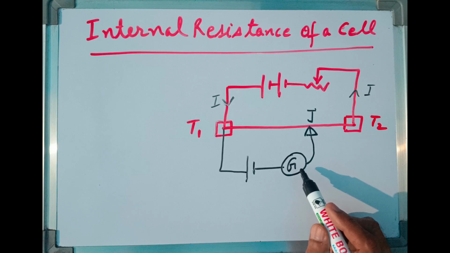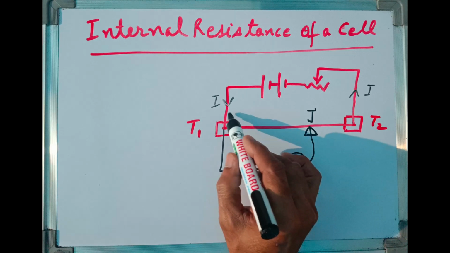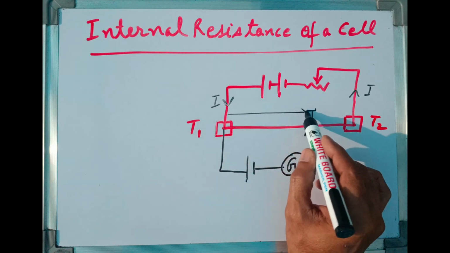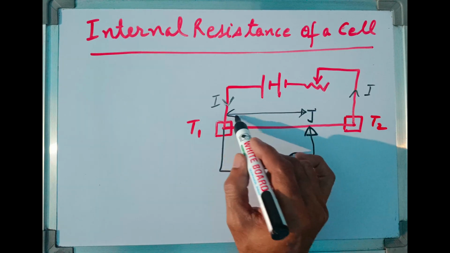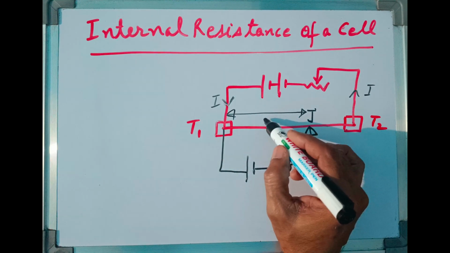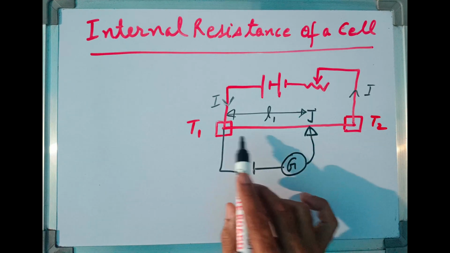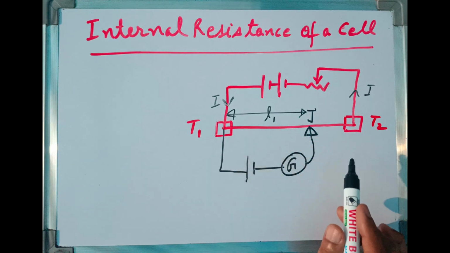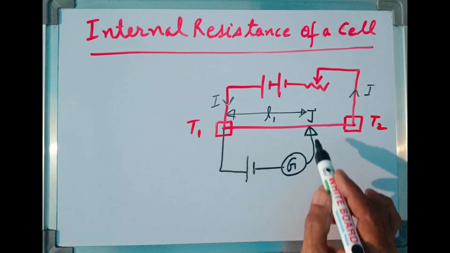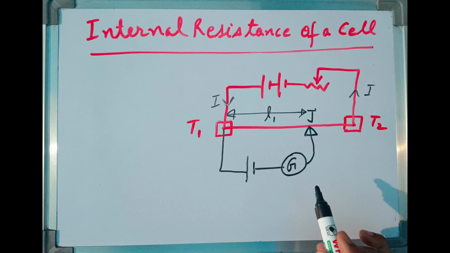When galvanometer shows zero deflection at a certain position, suppose this distance of jockey from terminal T1, when this shows zero deflection, suppose this distance is L1, means at length L1 of potentiometer wire, our galvanometer represents 0 reading.